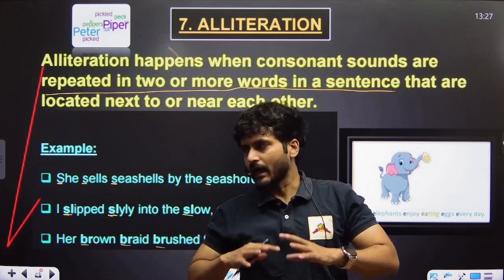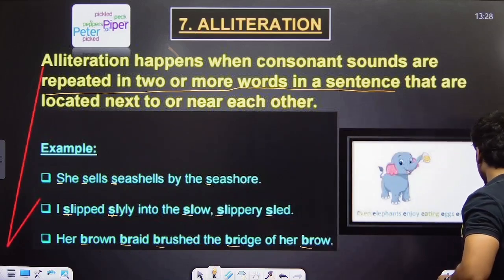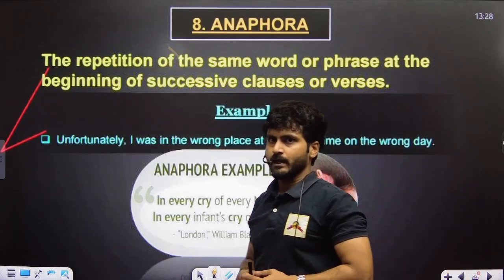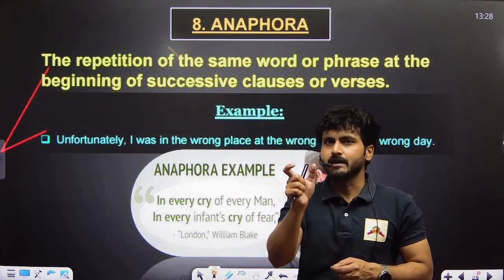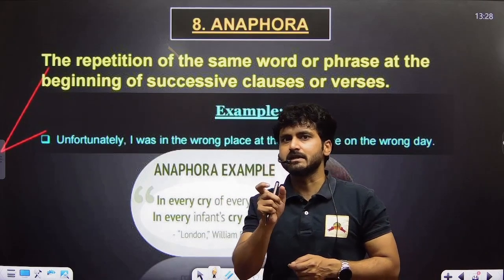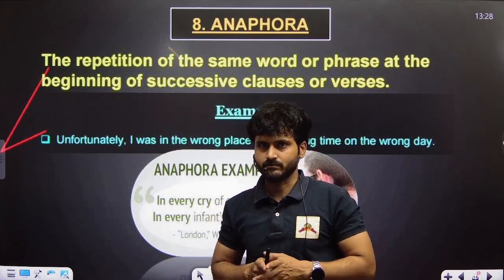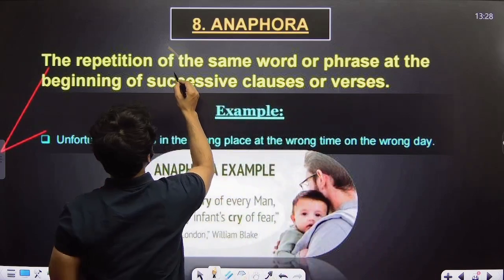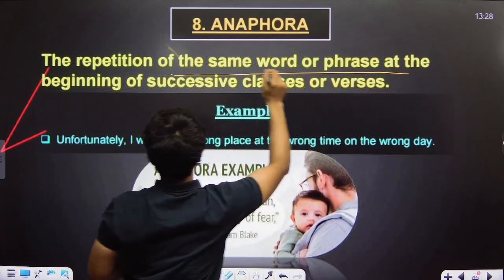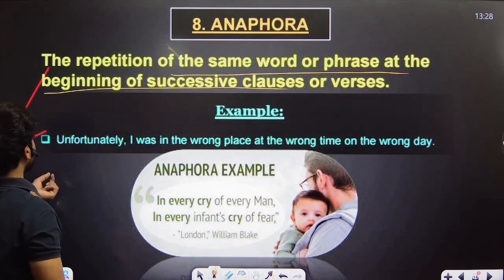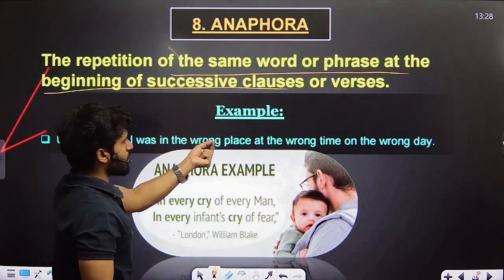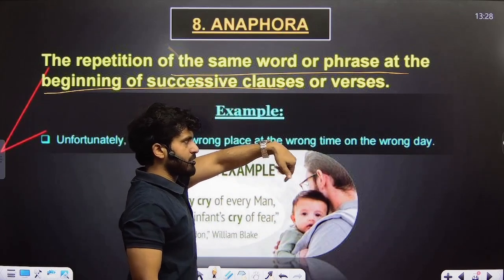Then after alliteration, you have your anaphora. In the case of anaphora, I have told you the exact word will repeat itself among the phrases. It is the repetition of the same word or phrase at the beginning of successive clauses or verses. For example, unfortunately, I was in the wrong place, at the wrong time, on the wrong day.